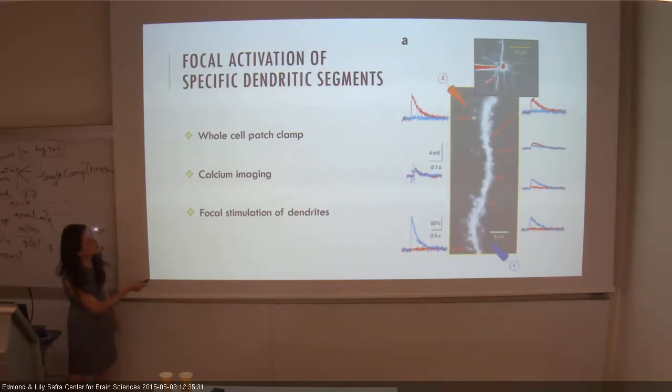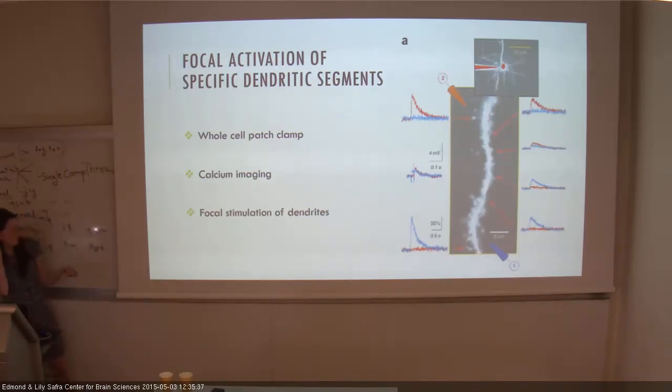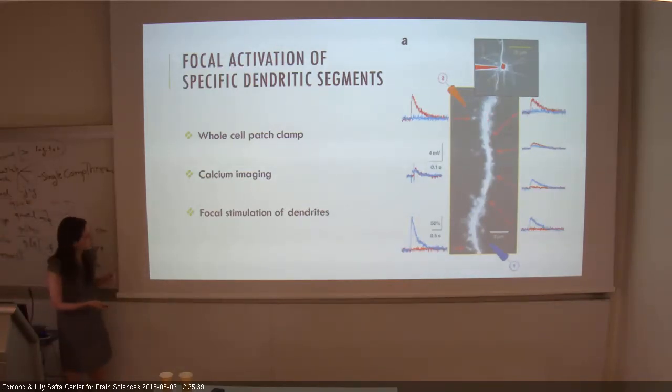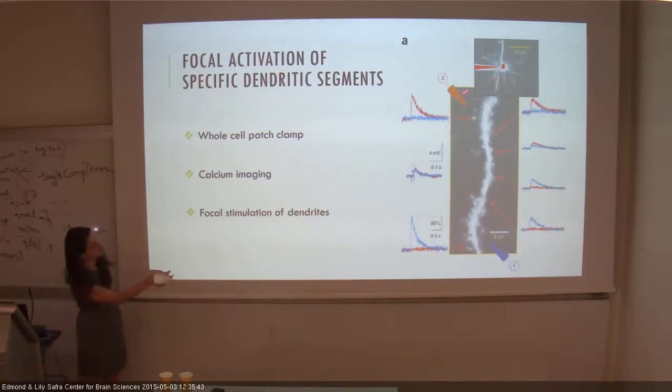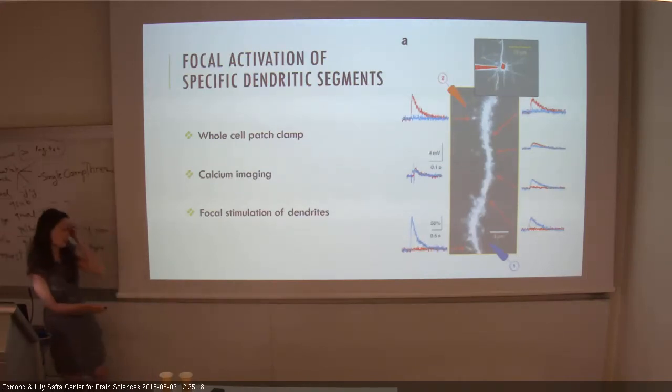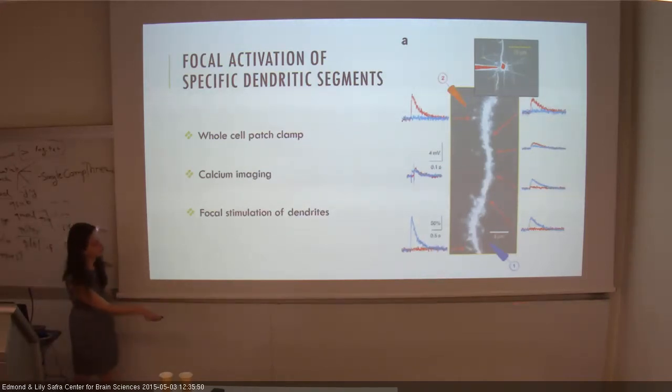And once they injected it, they could see the dendrites, which are really tiny, as we all know. And then they were able to zoom in on a specific segment, as you can see here, using confocal microscopy. And then they placed 2 extracellular stimulating electrodes, and they gave small pulses. First of all, they gave a pulse using this blue electrode.